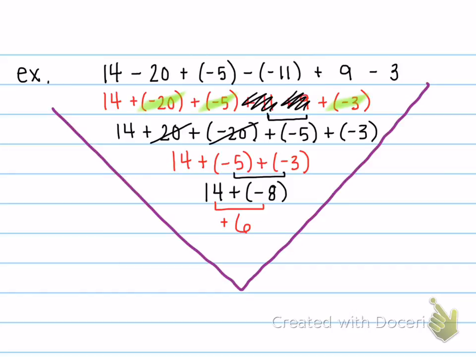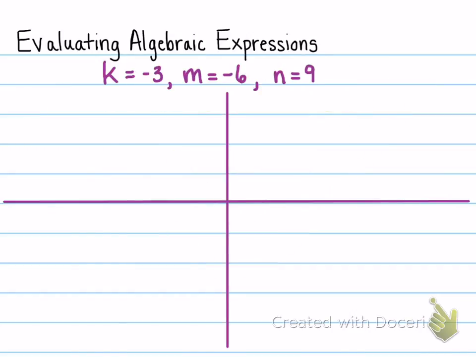The last type of problem I want to go through is when you are evaluating algebraic expressions. Now, algebraic means it has a variable in it. So if you look at what I have here, it tells you that k equals -3, m equals -6, and n equals 9.